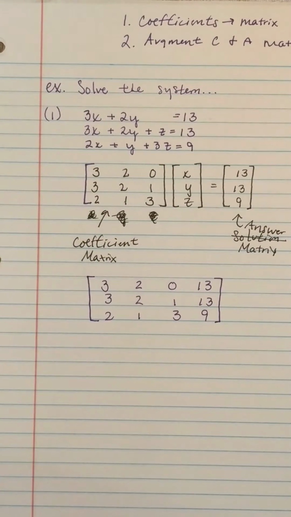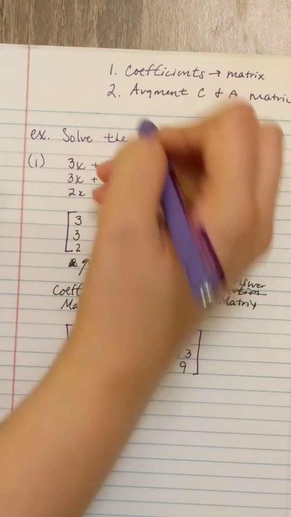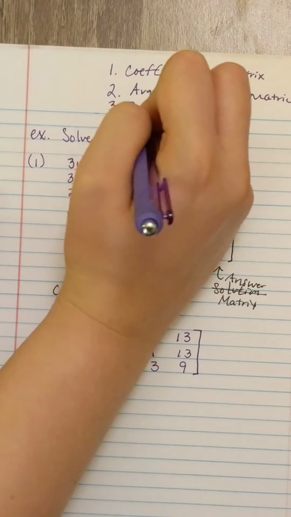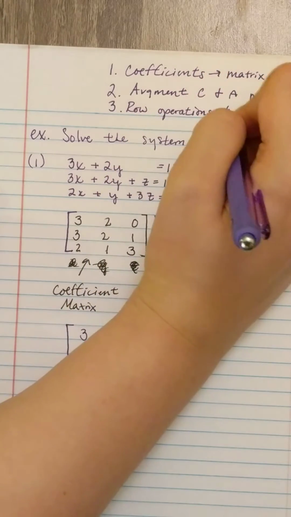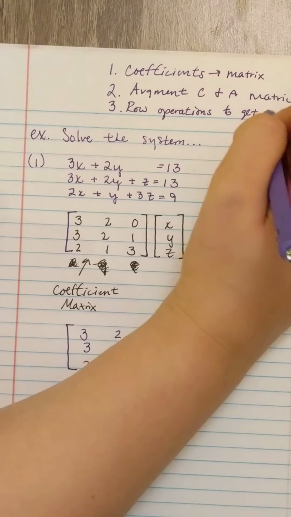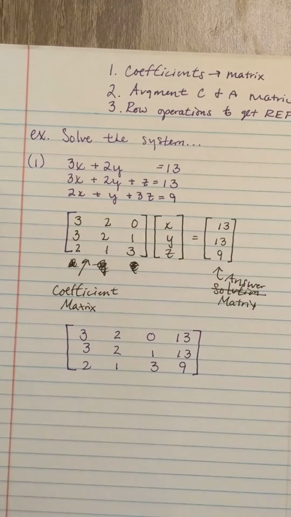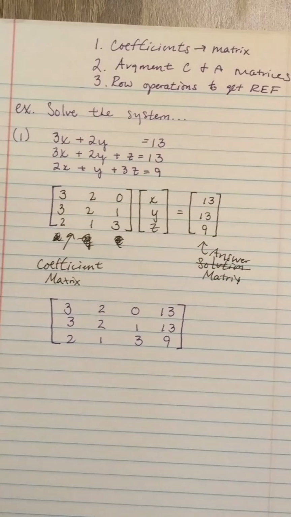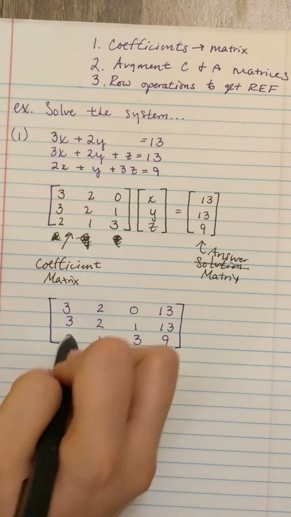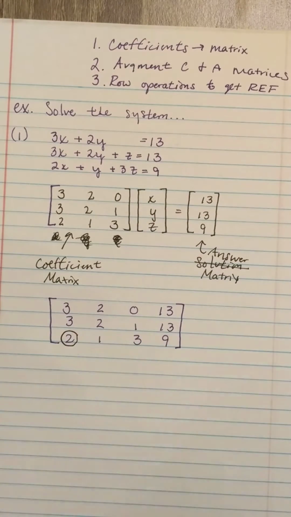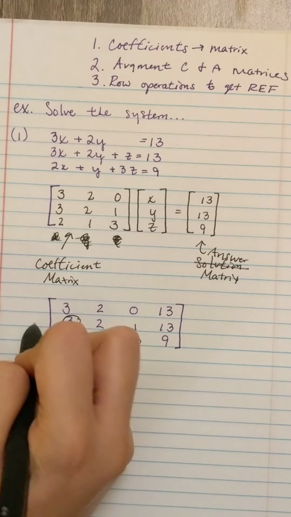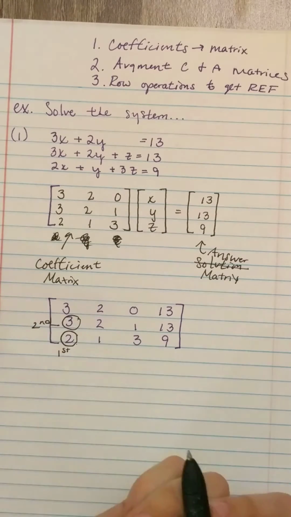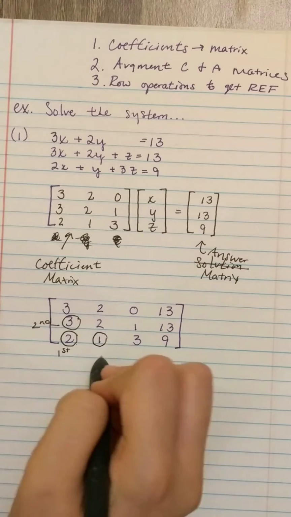And then from here, I need to do my row operations. With the row operations, you want to start by getting a 0 here, and then a 0 there, and then a 0 here.